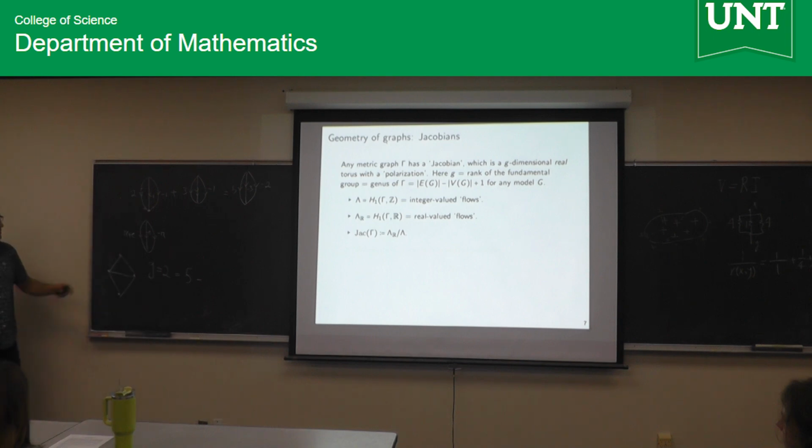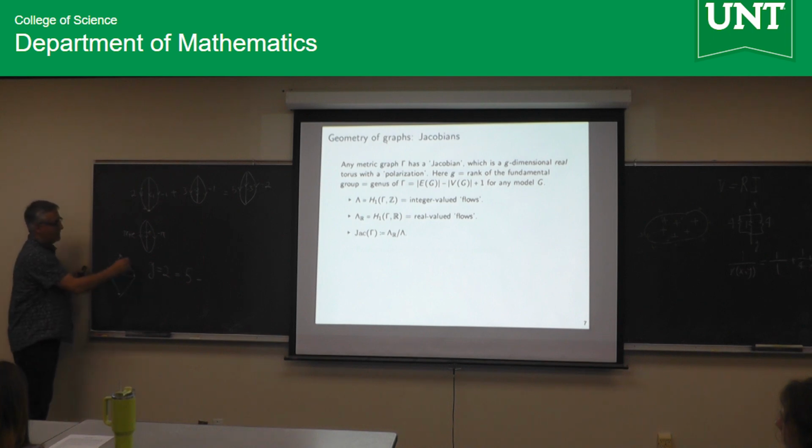Oh, good point. It's invariant. Just pick your model and compute number of edges minus number of vertices plus 1, and you will always get the same number. Adding this is going to add 1 vertex and 1 edge. They cancel each other. It's related to the fact that Euler characteristic is a topological invariant, which means fixing your combinatorial structure is not going to change. Thank you. Other questions?